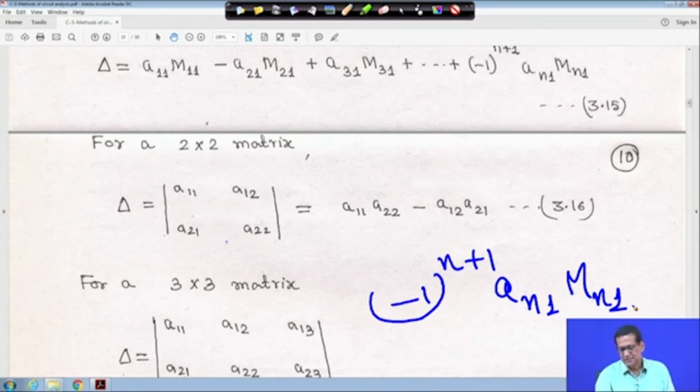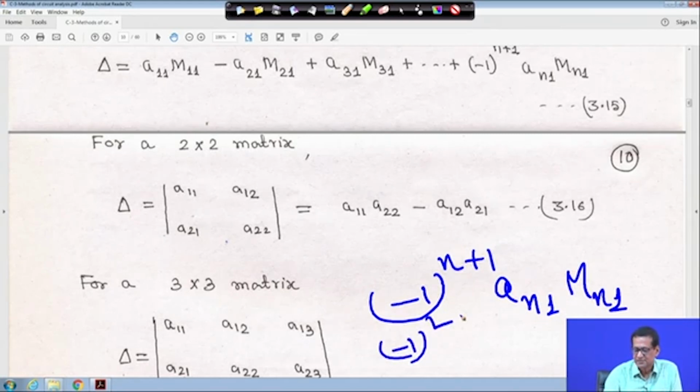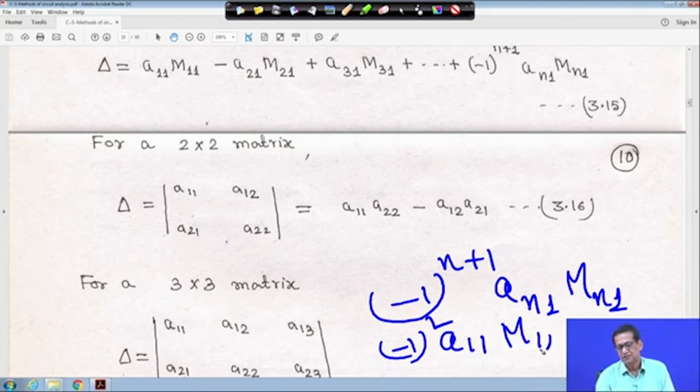If you put n equal to 1, it will be minus 1 squared, then A11, then M11, right. Similarly, if you put n equal to 2, it will be minus 1 cube, so a minus term will come, minus A21 M21. If you put n equal to 3, it will be minus 1 to the power 4, so it will be plus A31 M31, right.